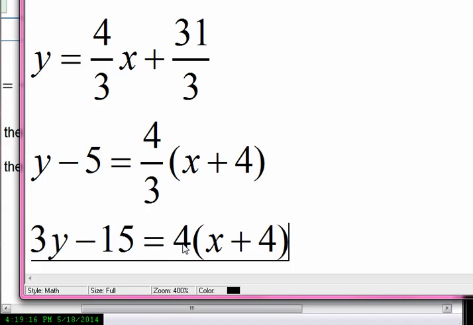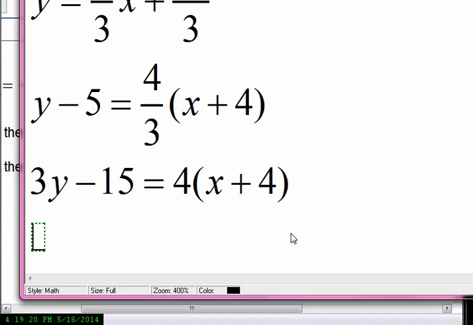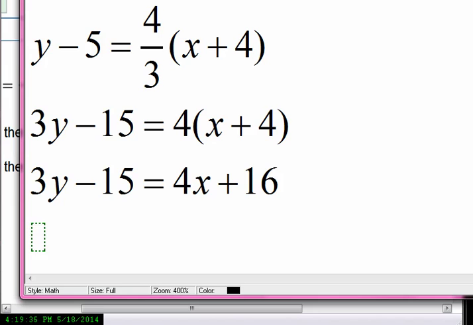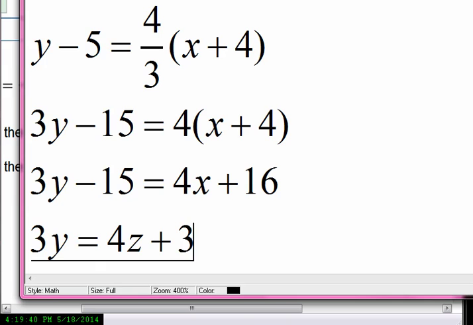When I distribute the 4, I'm going to get 4x plus 16. Then adding 15 to both sides, I'll have 3y equals 4x plus 31.